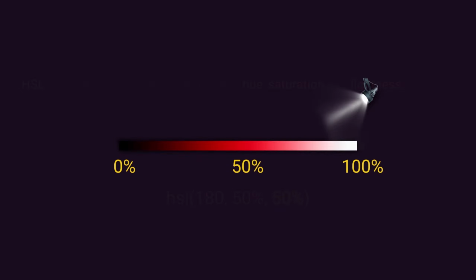So with the 50%, we will get color that is originally chosen from wheel of colors. But of course, if you want to set that your red color is some variant of darker red or brighter red, you can choose any value in between 0% and 100%.